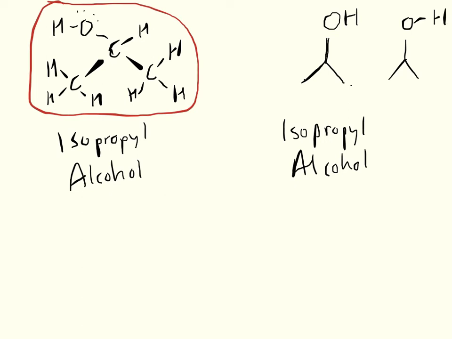One thing you will also notice is that those two lone pairs up here are not drawn. It's, again, just organic chemists being lazy. They don't draw the lone pairs. It's assumed that they are there. So in fact, this structure right here is the same thing as this in the eyes of an organic chemist. Let's think about this carbon in the middle.